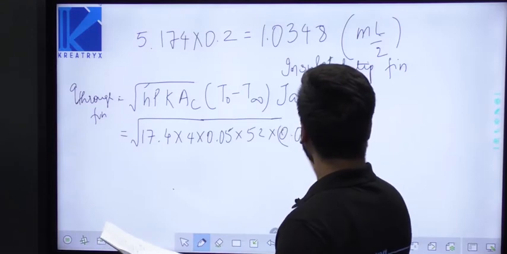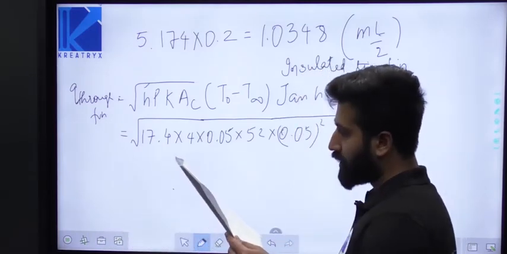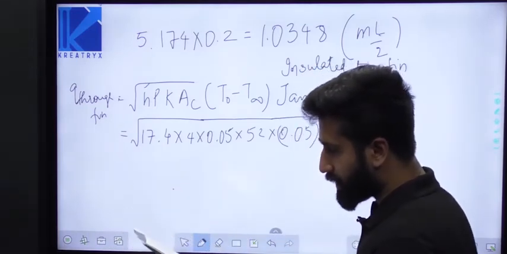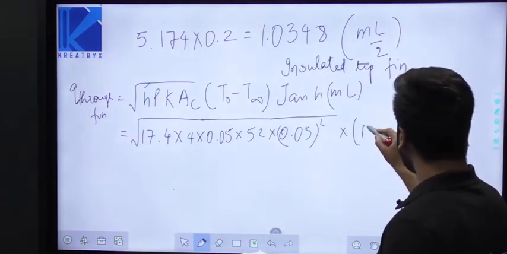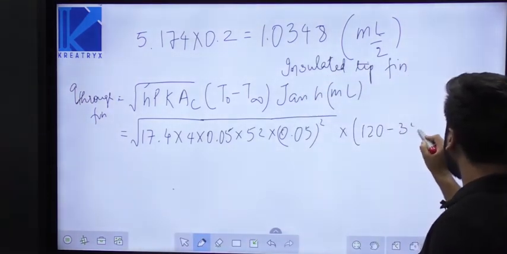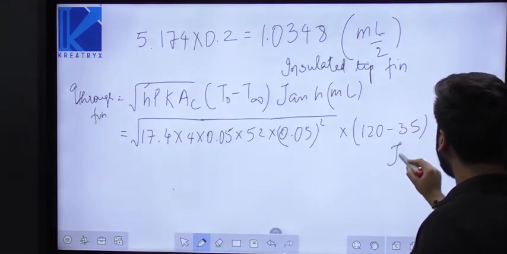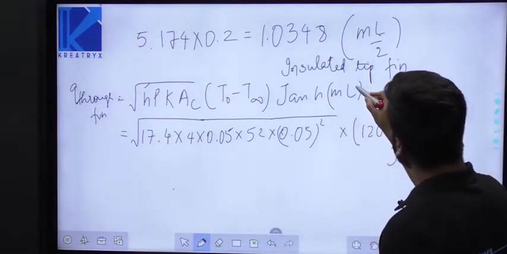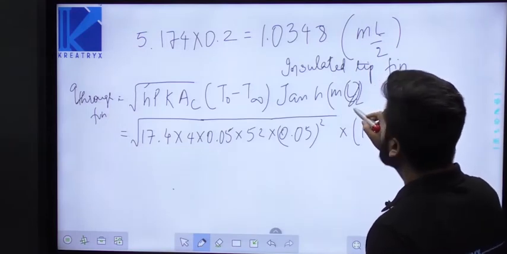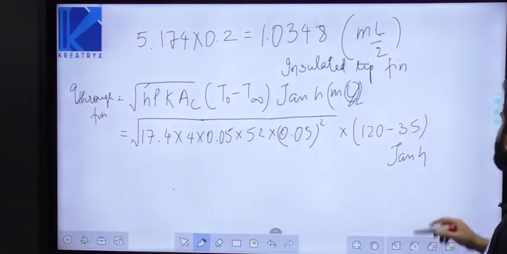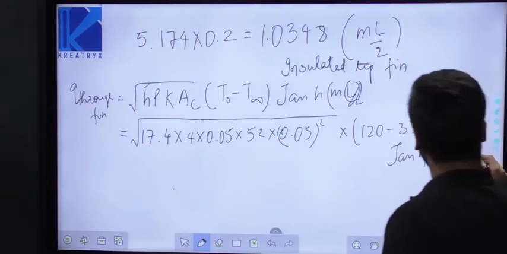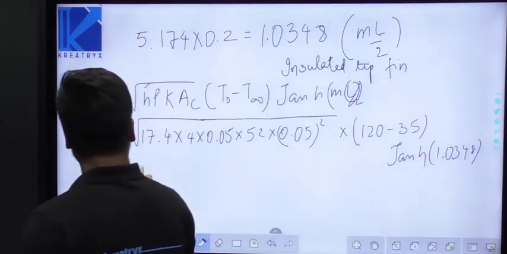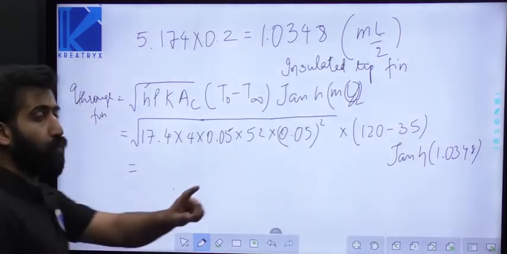T naught minus T infinity: the walls are maintained at 120 degrees Celsius and the ambient temperature is 35 degrees Celsius, so 120 minus 35. And tan hyperbolic ML, this is actually ML by 2, which is 1.0348. You multiply this and you'll get Q through one fin.